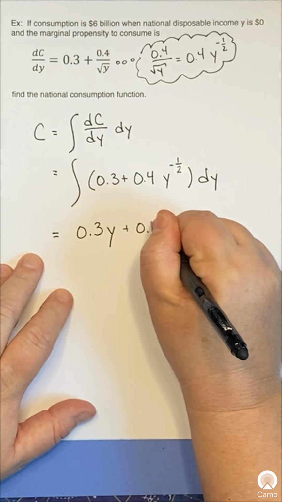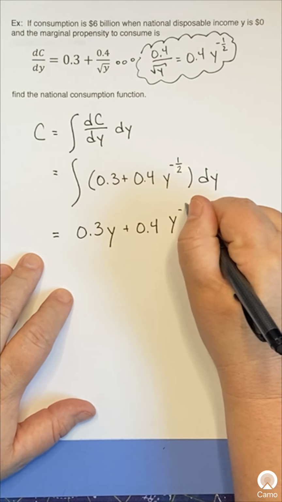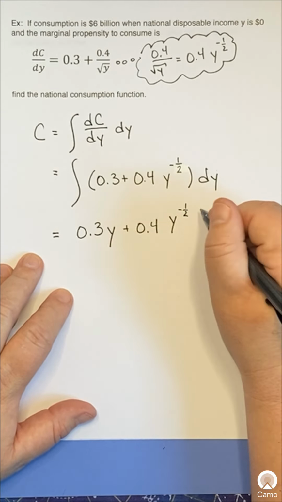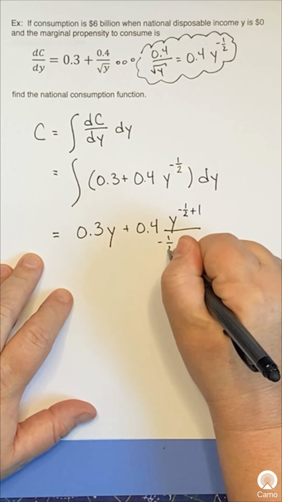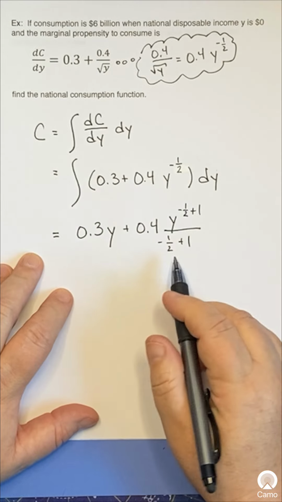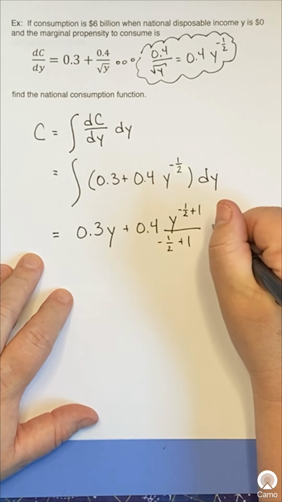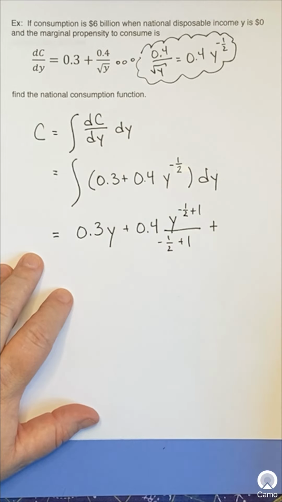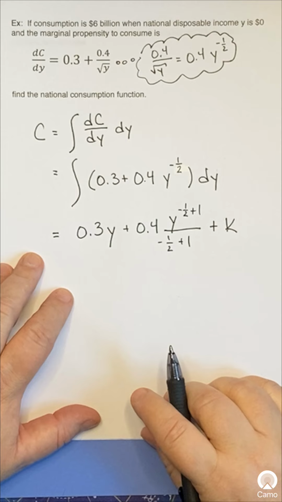Then we've got 0.4, and now remember what we do. We take y, and we take the exponent, and we add 1. But then we divide by that new exponent. So I'm going to write that all out, and then I'm going to deal with it in the next step. And then again, just like in the first video, since we've got a bunch of C's running around, I'm going to add K. That's what this book does.